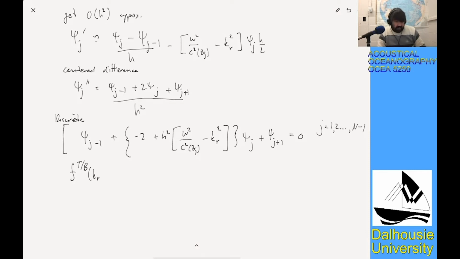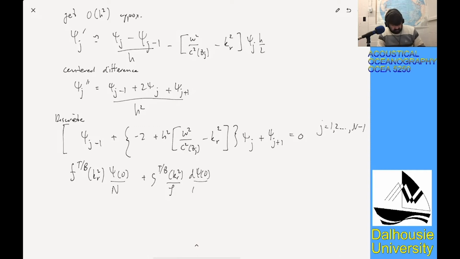F at the top or at the bottom, and then the modal form of the function at the top, plus G over rho times d psi dz.